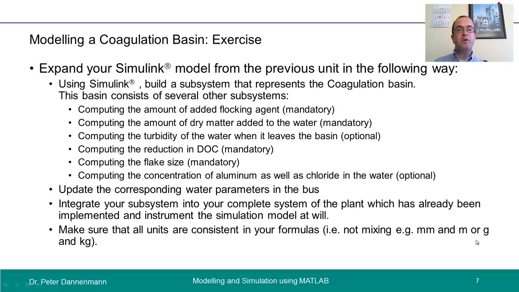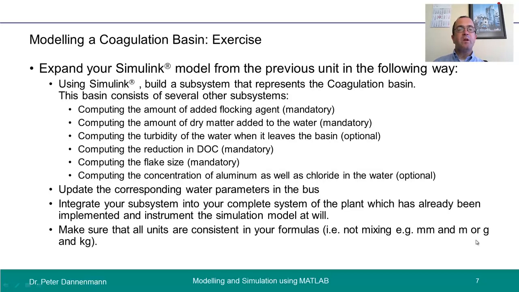One that computes the amount of added flocking agent, one that computes the amount of dry matter added to the water, one that computes the turbidity of the water when it leaves the basin, one that computes the reduction in DOC, one that computes the flake size, and one that computes the concentration of aluminium and chloride in the water, respectively.